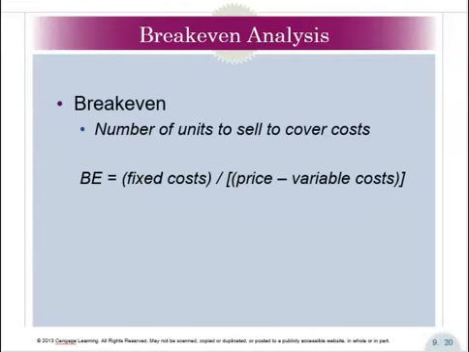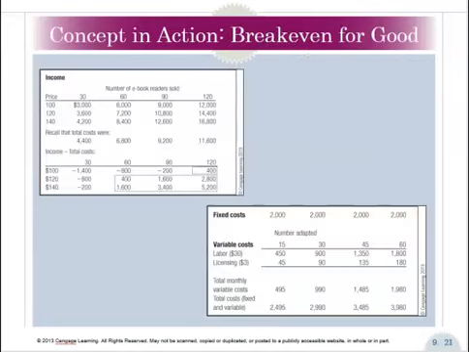So break-even analysis is determining the number of units to sell to cover the costs. Break-even takes our fixed cost and divides it by our selling price minus our variable costs, and that would give us an idea what break-even is. That's really what it's for, to give us a rough idea of at what point am I actually breaking even on this, at what price.